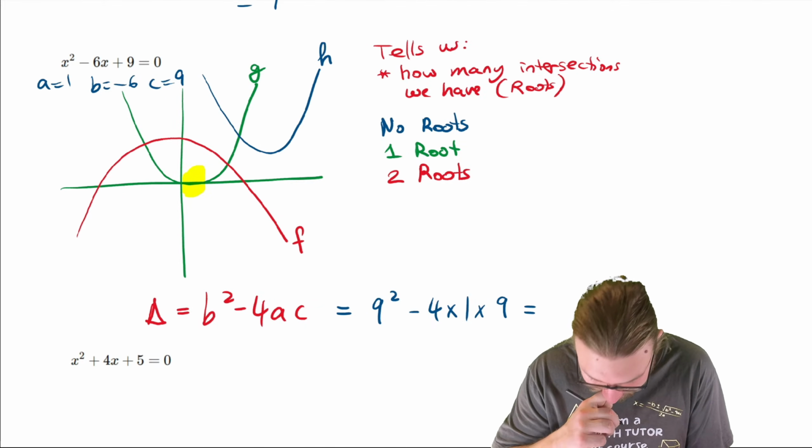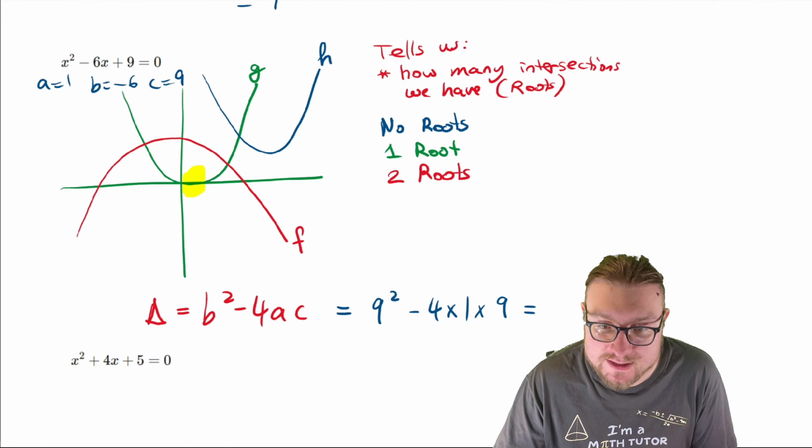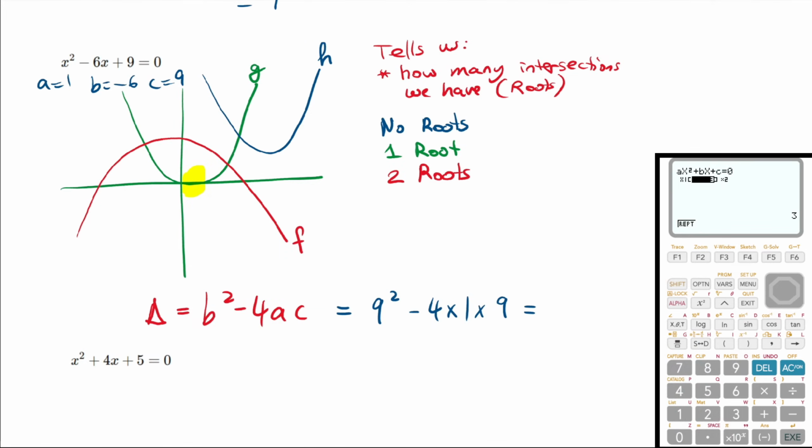So what do we get? We get 81. We better use a calculator. Otherwise, I'm going to make some silly mistakes, of course, as always. Okay, there we go. We're going to go to menu 1. Okay, so we're going to get 81 minus 4 times 9.